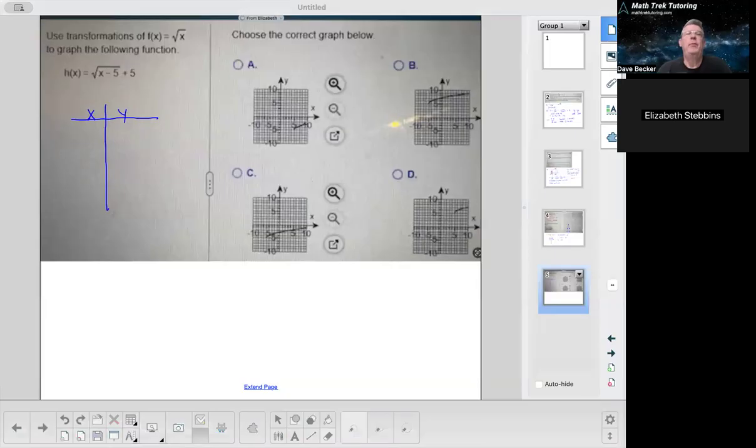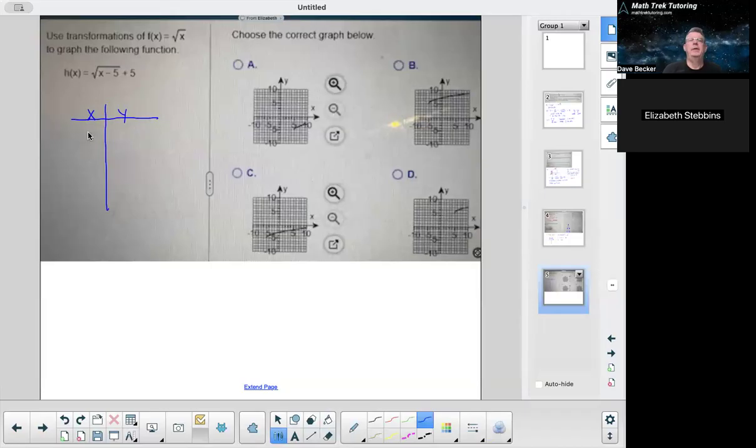Good. So if we plug in 5, what do we get? Well, it'd be a 0 under the square root, right? So it would just cancel out. And then 0 plus 5 is 5. Good, excellent.